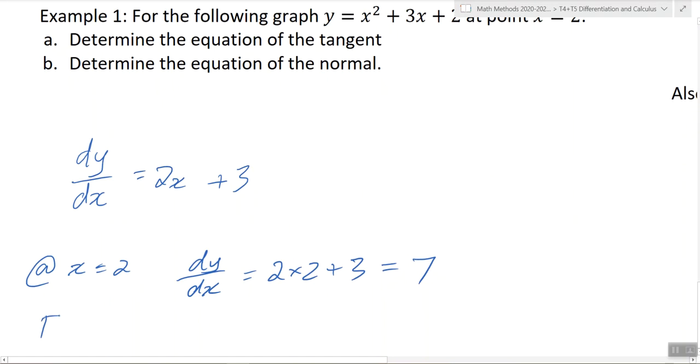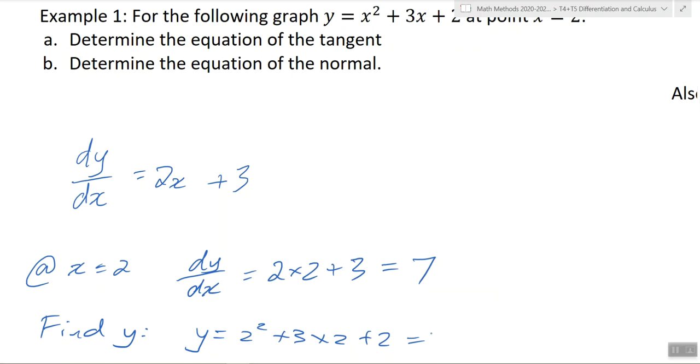So find y. So we have y equals 2 squared plus 3 times 2 plus 2. So the y is 4 plus 6 plus 2. Yay, some of us are awake.